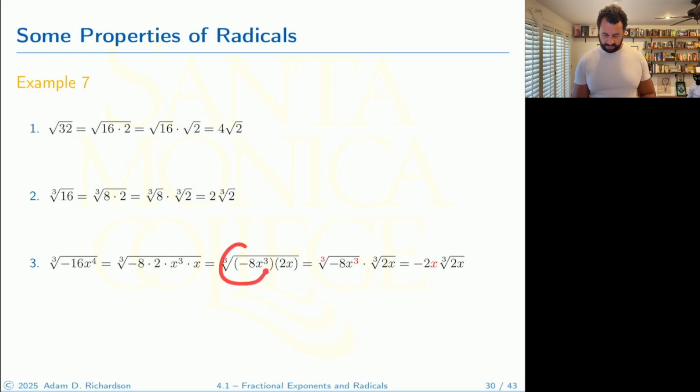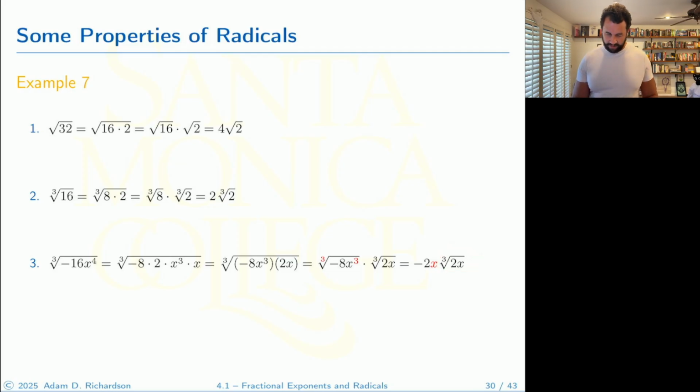Then we split it across this and this. We'll be able to cancel these, and the cube root of negative 8 is negative 2. So this all comes out like that. And then you're left with the cube root of 2x. This is the part that is not a perfect cube, so it stays in the radical.